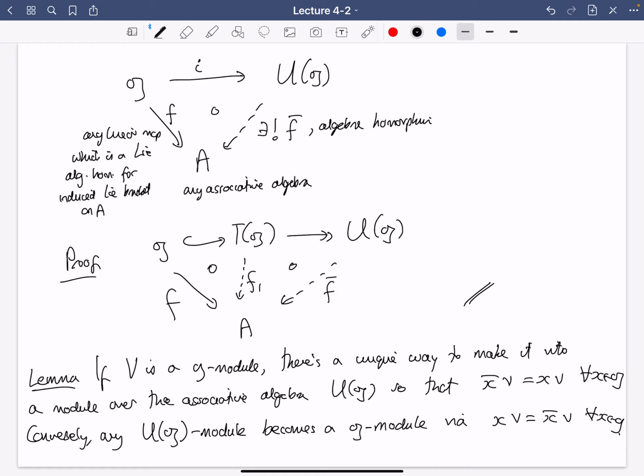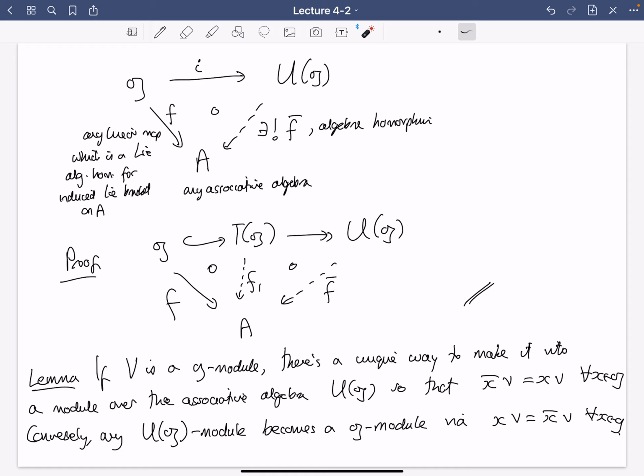So this is just an application of the universal property that I just defined. You see, because the tensor algebra is generated in degree 1, the universal enveloping algebra is generated by all these x bars. So if you want all the x bar v's to be these xv's, there's no choice. So that's the uniqueness for how this U of G action comes about.